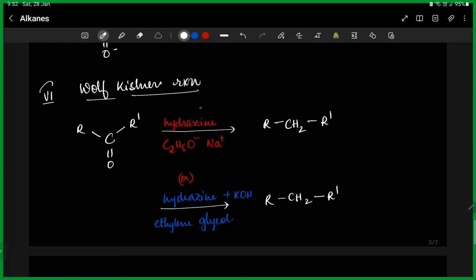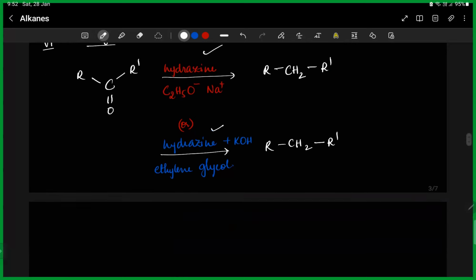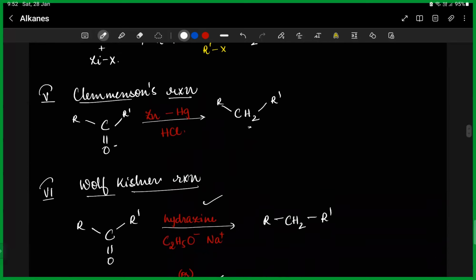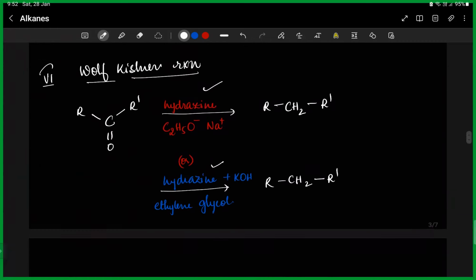This is called Wolff-Kishner reagent. So when you add the carbonyl compound with the Wolff-Kishner reagent, you are going to get an alkane, a straight chain. Here we have also seen Clemmensen's reaction, where we use Clemmensen's reagent, which is ZnHg in presence of HCl.